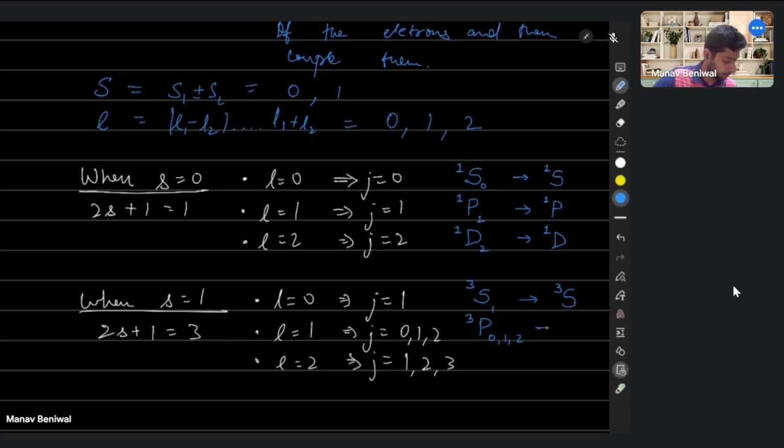Okay, so in short we can write this as 3P. And finally, again this will be 3, and this will be D, and this will be 1, 2, 3, or in short writing this as 3D.